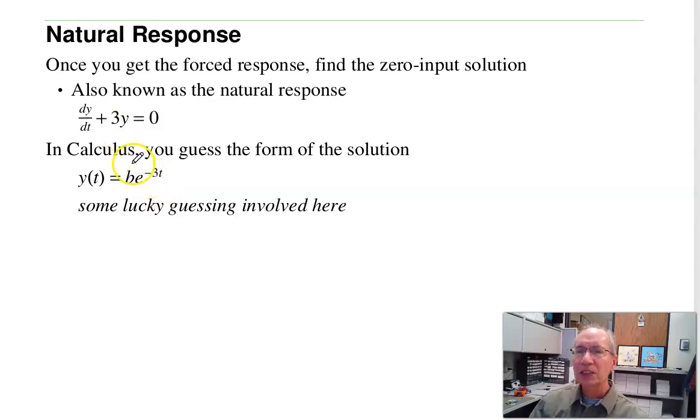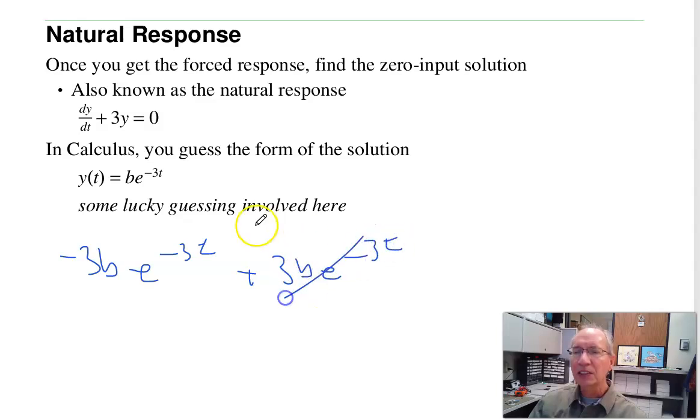But if I plug this in, the derivative is minus 3b e to the minus 3t. That's the derivative of y, plus 3b e to the minus 3t. These cancel and I get 0. So it turns out this will satisfy that differential equation. And again, it's kind of experience guessing. It's one of the problems with calculus. If you guess the right answer, you can find it.